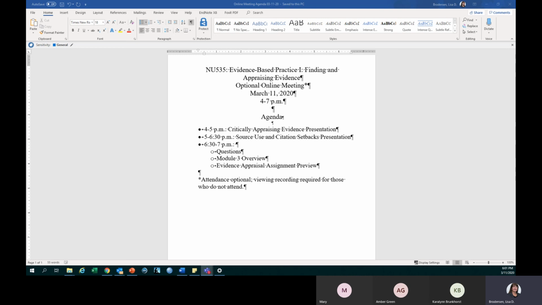Because now, you know, it used to be that any source with 3 to 5 authors, you had to cite all 5 authors the first time you cited that source in the paper, and thereafter you could just cite the first author followed by et al. Well, in the 7th edition now, any source with 3 or more authors, you can just cite the first author followed by et al. So that was one.